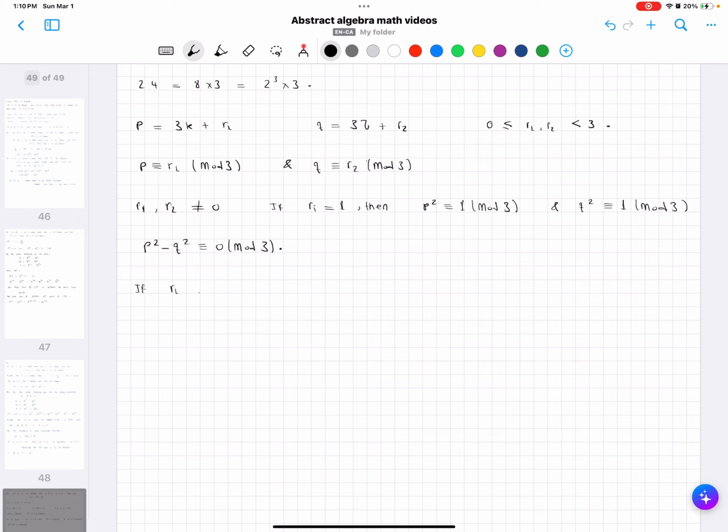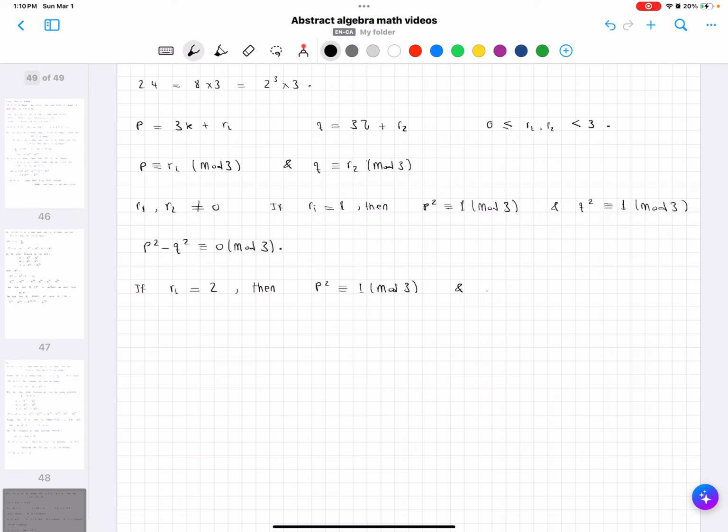If Ri is equal to 2, then P squared is congruent to 2 squared, which is 4, and that is congruent to 1 mod 3.